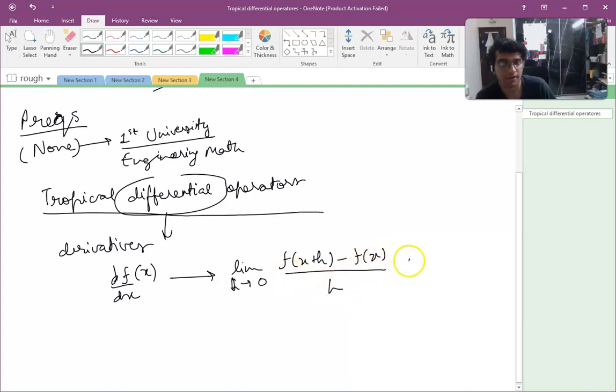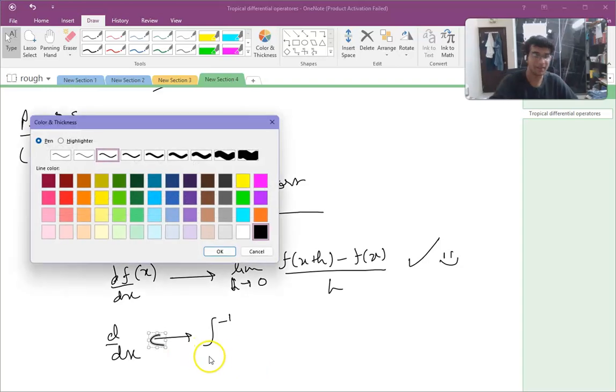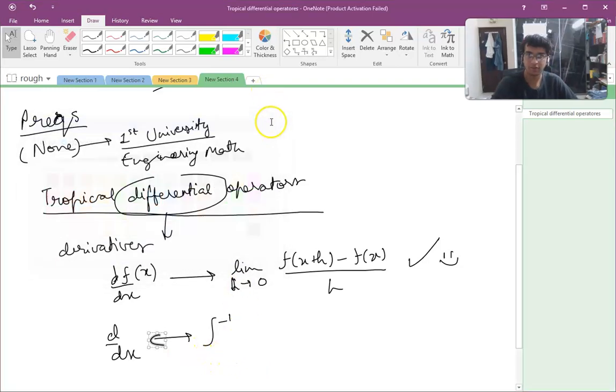Nice and simple. Now, differentiating is sort of like the inverse of taking the integral.